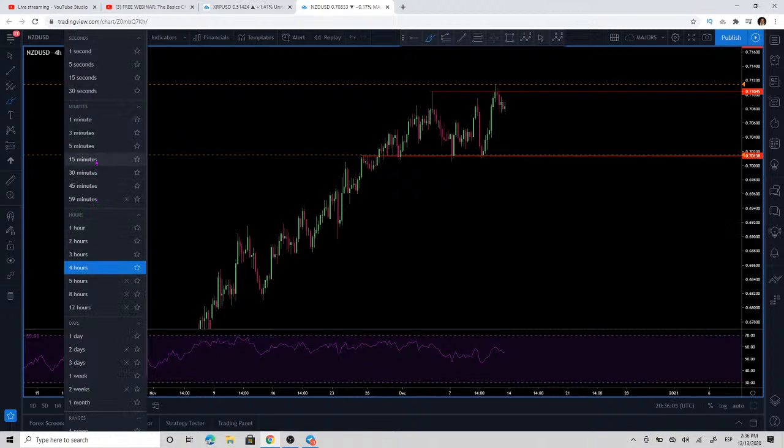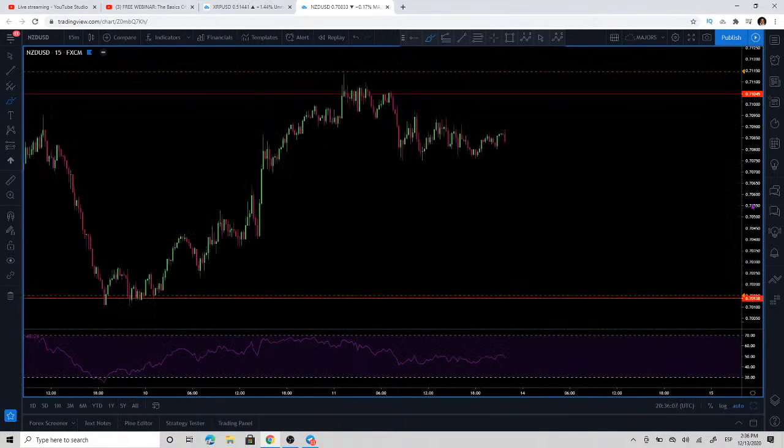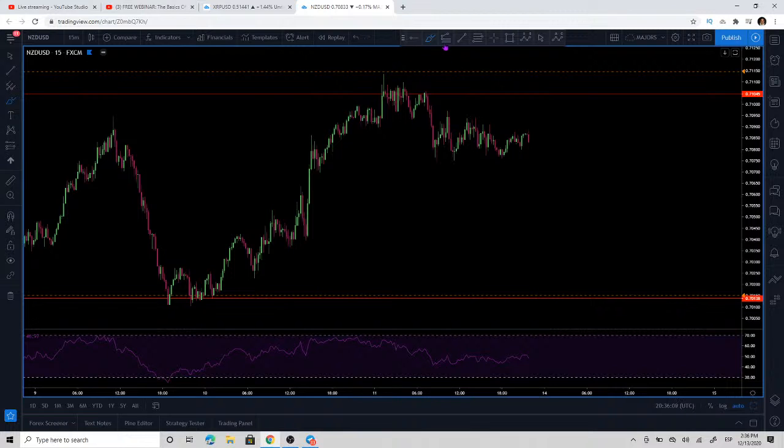Because you can find divergences on the 50-minute chart. Of course, you can find divergences on the 50-minute chart, and they will work. Just look at the last one right here. Price made higher highs, and the oscillator was making lower highs, I'm sorry.